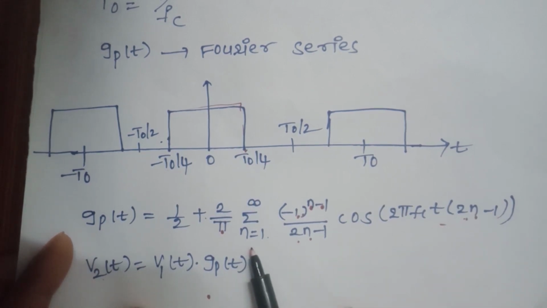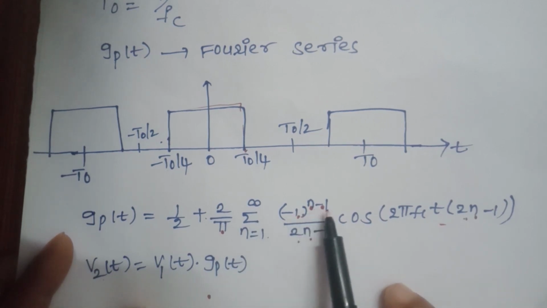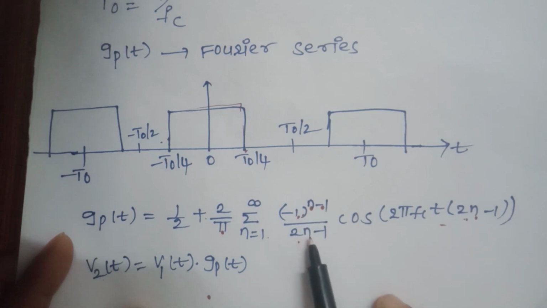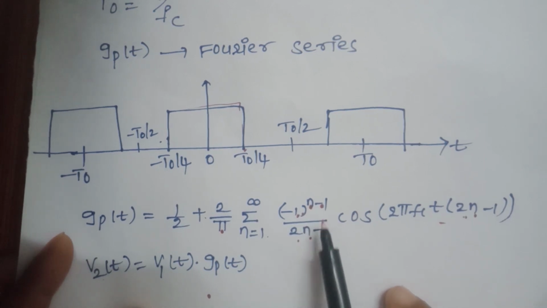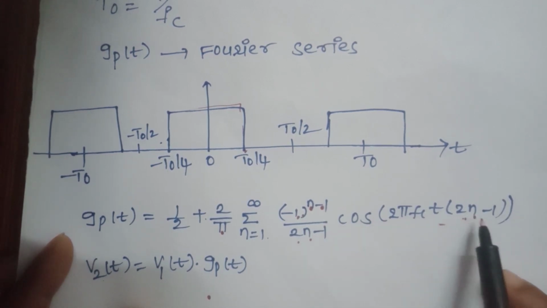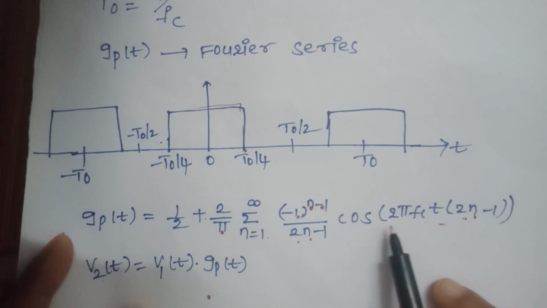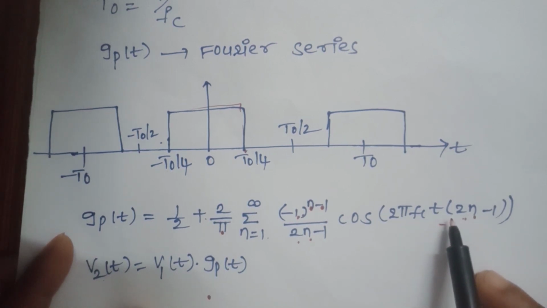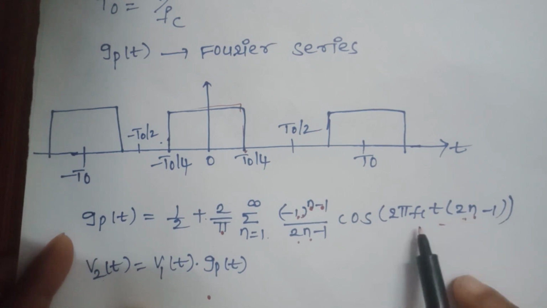For n equal to 3, 1 by 2 plus 2 by pi. Next minus 1 power 3 minus 1, that is 2, minus 1 square is 1. Then 2 into 3 is 6, 6 minus 1 is 5, so 1 by 5 cos 2 pi 5 fct.